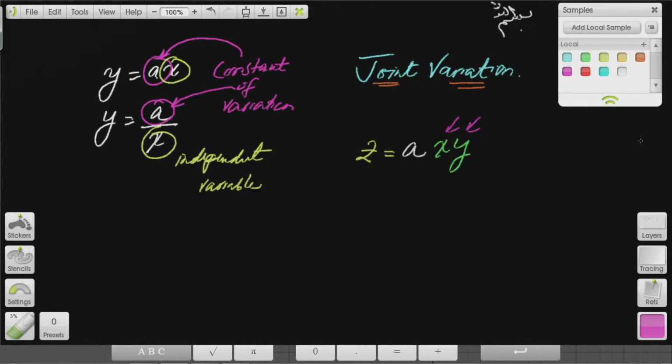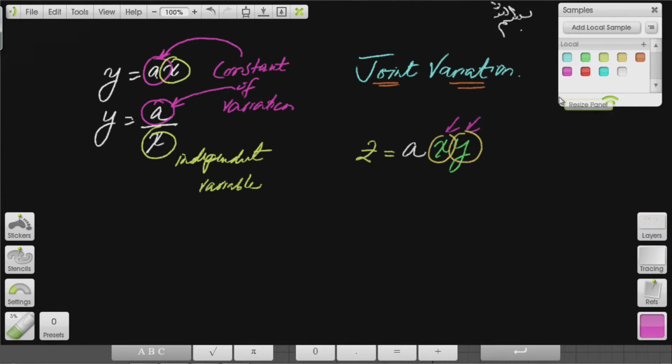It could be related to many other variables if you wanted. This is called jointly related. So z is jointly related to x and y, and it's jointly directly related: directly related to x, directly related to y. So this is called joint relation.